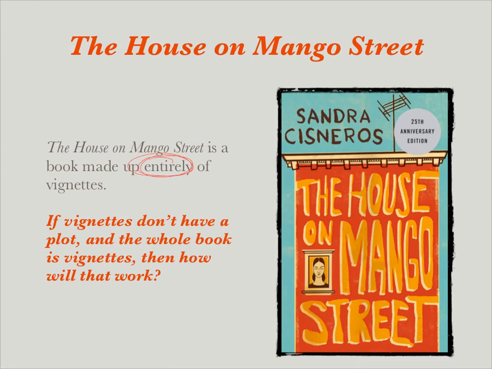So my question, and this is the question that you will find in the Canvas discussion, is: if vignettes don't have a plot and our whole book is vignettes, then how does that work? What can we gain?